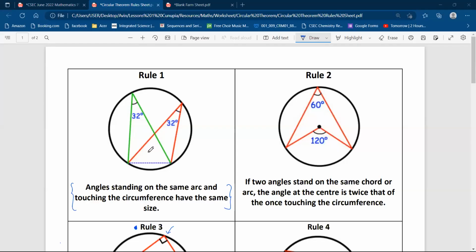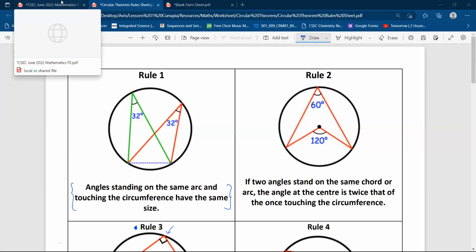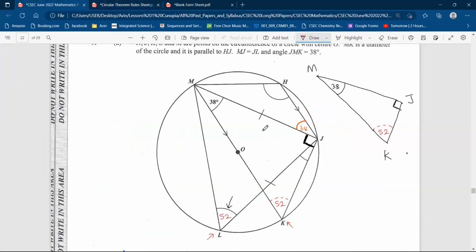All right. So once you write the rule, right, you have to write the word hence after. Hence, angle JKM, hence angle JKM and angle MLJ are the same.